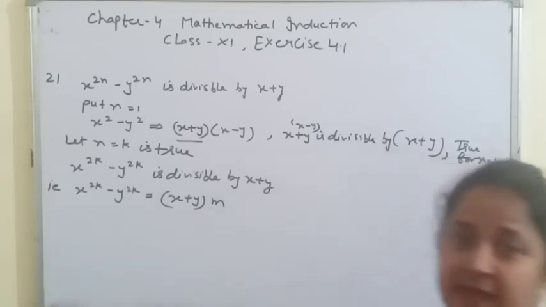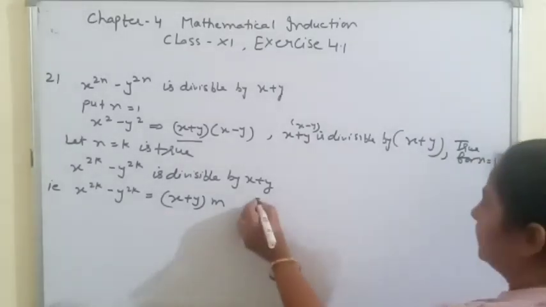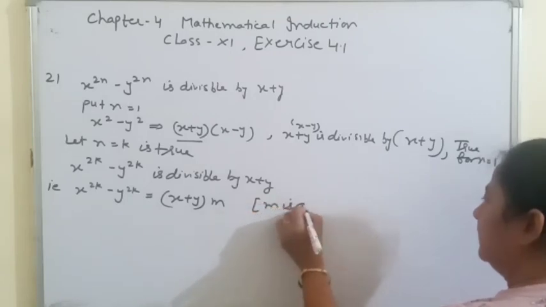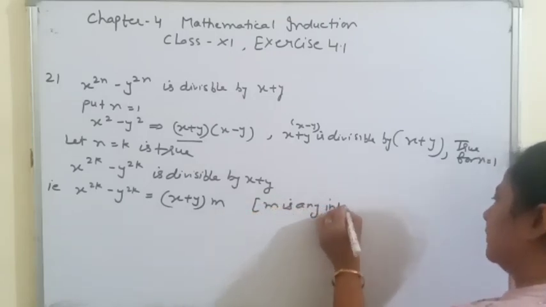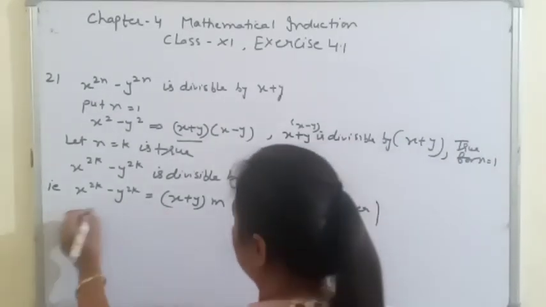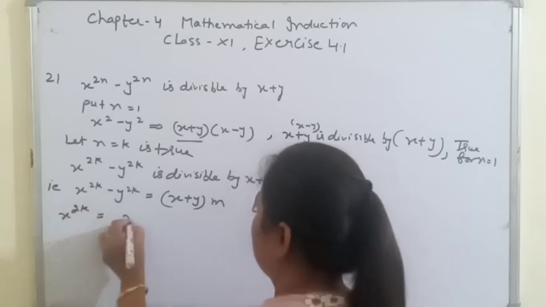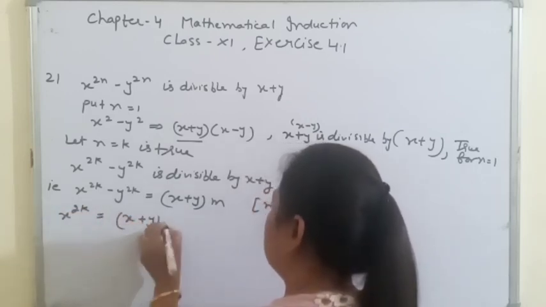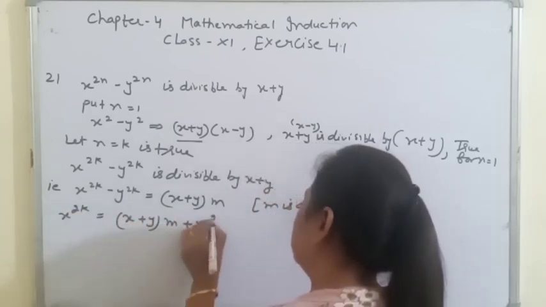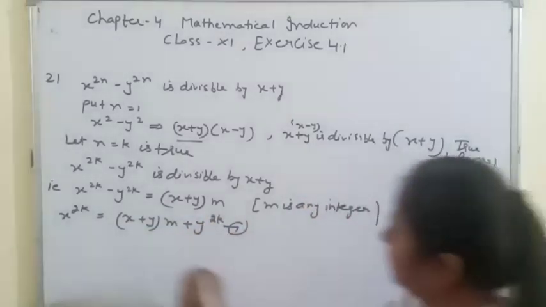If it is divisible by x plus y, then it is a multiple of x plus y, where m is any integer. Now x^(2k) we can write like this: (x plus y)m plus y^(2k). This is the first. We have to prove it for k plus 1.